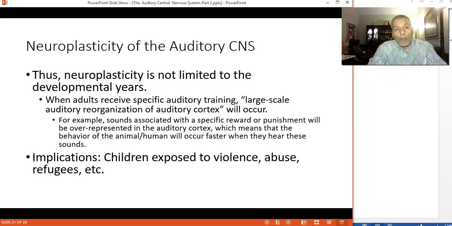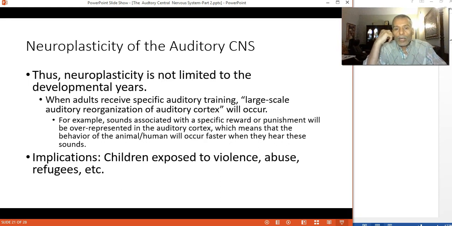So just as an example, say someone hears a sound and they get a pinch. I am not speaking about something unethical, but let's just say you associate the sound with a punishment or with a reward.